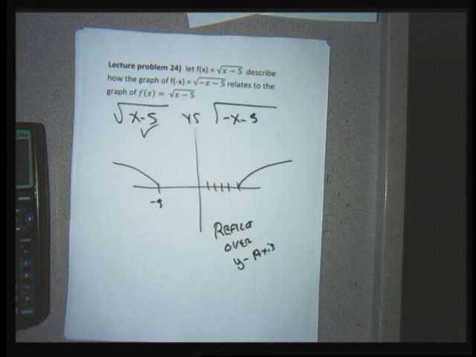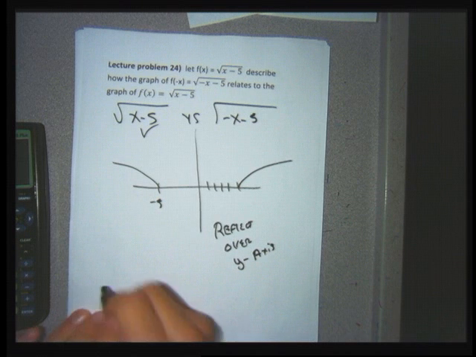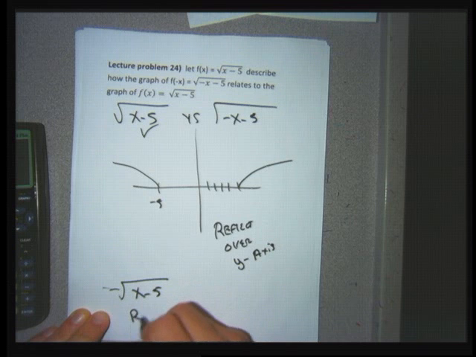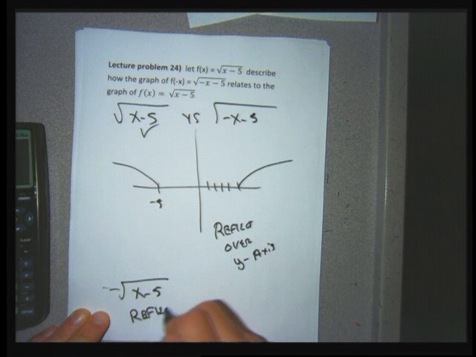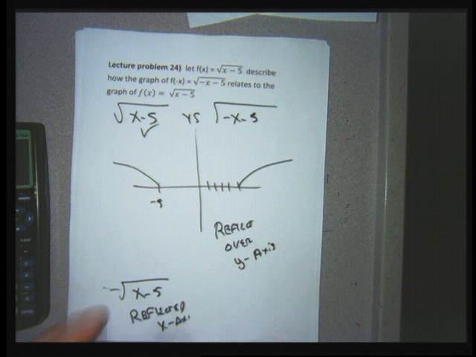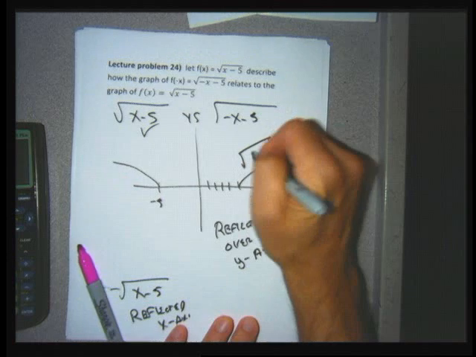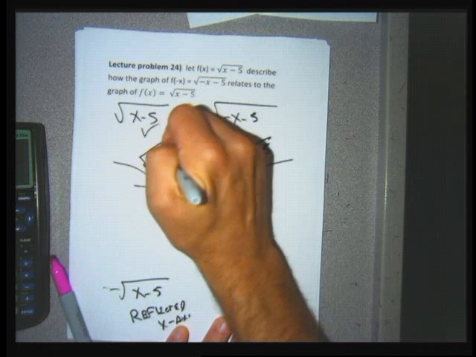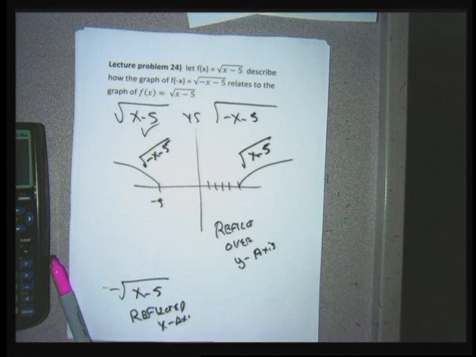If you multiply the whole function by a negative number, so this function, the square root of negative x minus 5, this would be reflected over the x-axis. So if I want to look at pieces, this is the square root of x minus 5. This is changing the x to a negative x that reflects it over the y-axis.